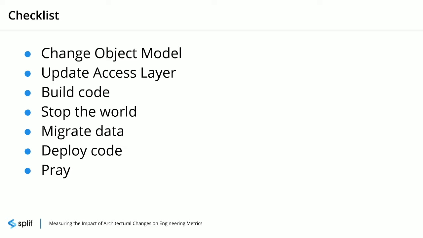You need to stop the world, stop everything that is being written to the existing database, all of the keys and services that were performing that writing. You have to migrate any old data that lived in the old system over to the new system. You deploy that change code out once that migration has happened, and then you start things back up again and just hope that everything's working.